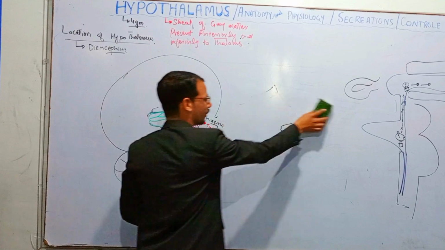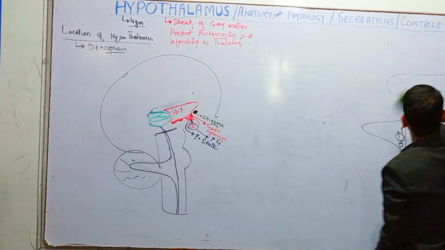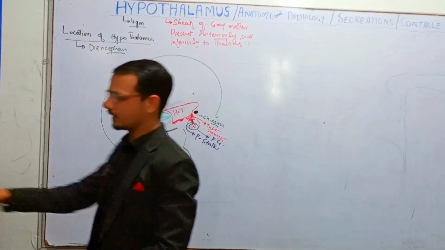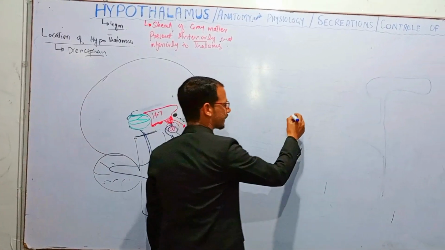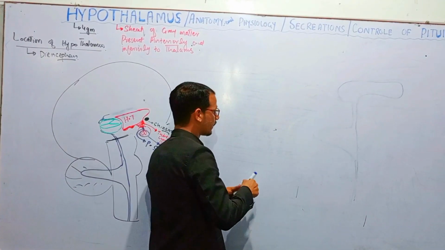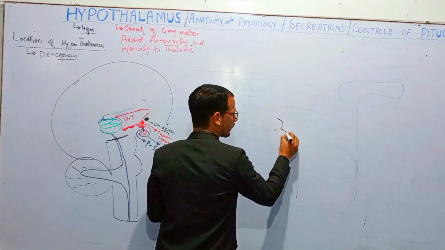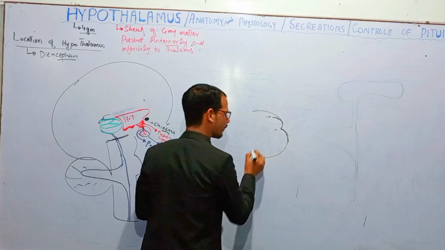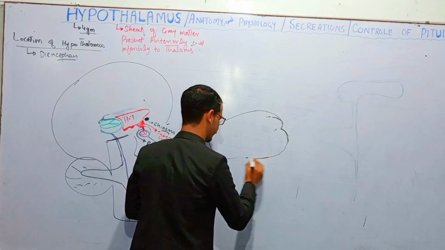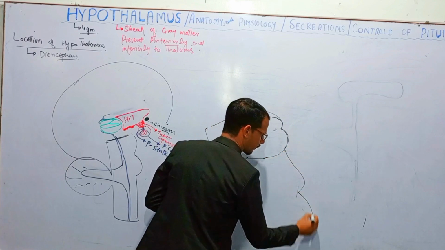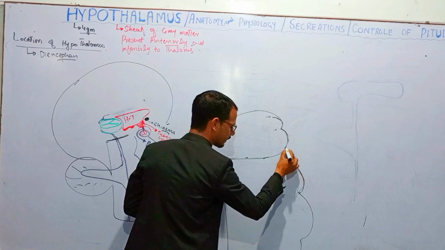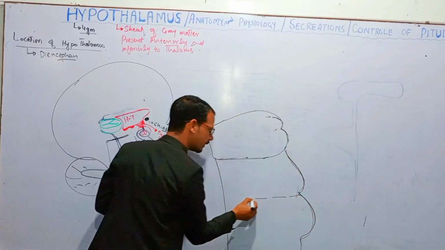Now here we are taking only the mid brain. For example, here. This is the mid brain, pons and medulla oblongata.